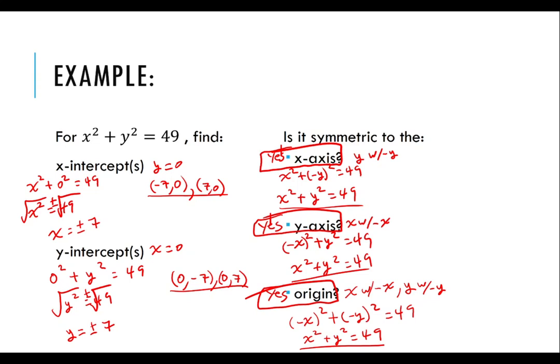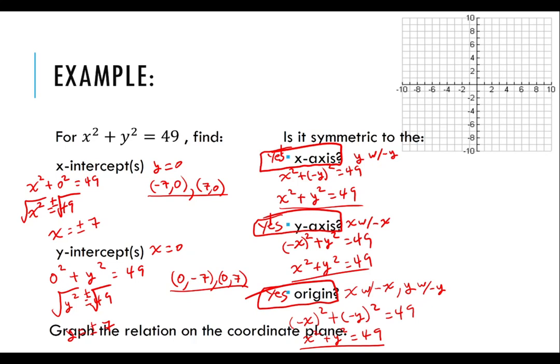Here we have yes x-axis, yes y-axis, and yes origin. So if ever you get x-axis is yes symmetric and y-axis is not symmetric, you could go ahead and rule out and know that you cannot have origin symmetry if you ever have a mismatch of x-axis symmetry and y-axis symmetry. Can't also have origin symmetry.